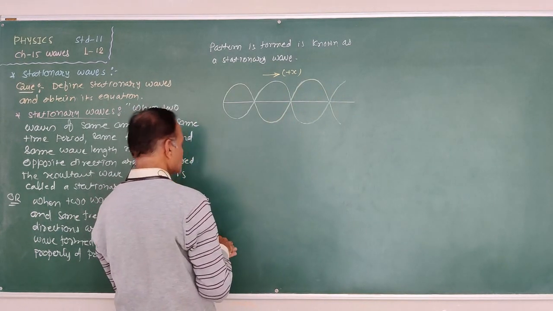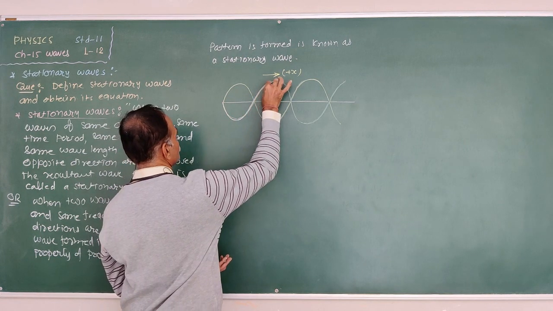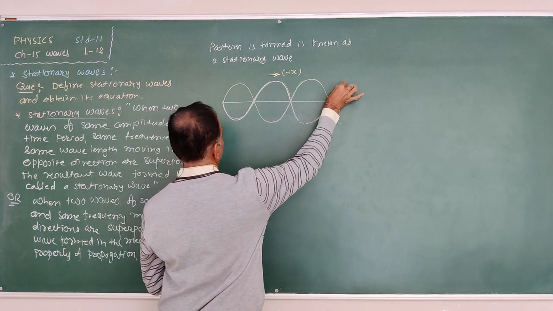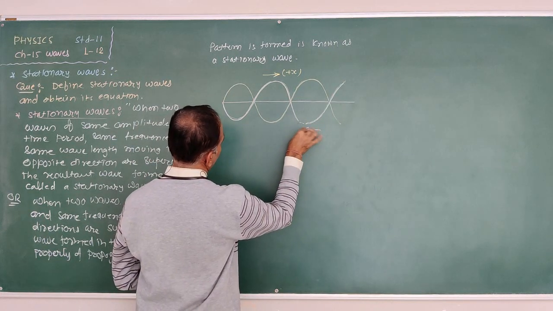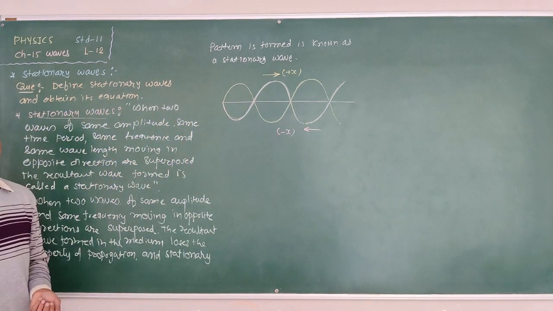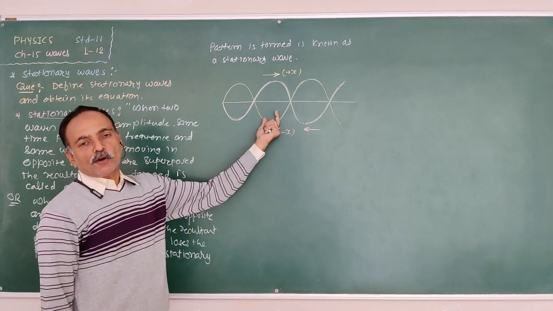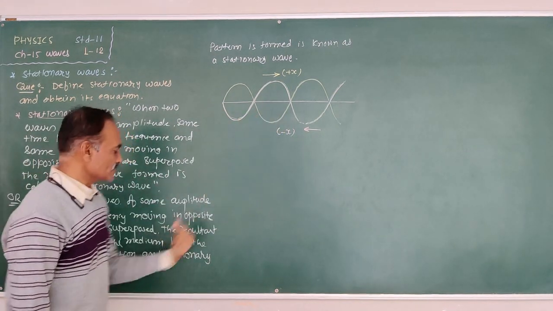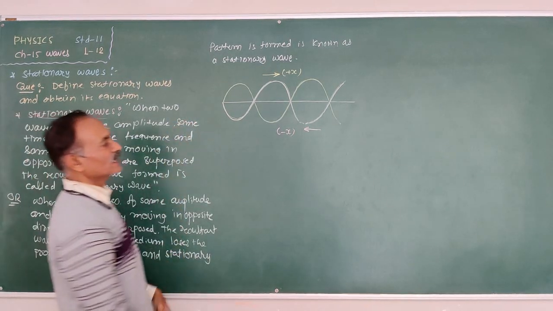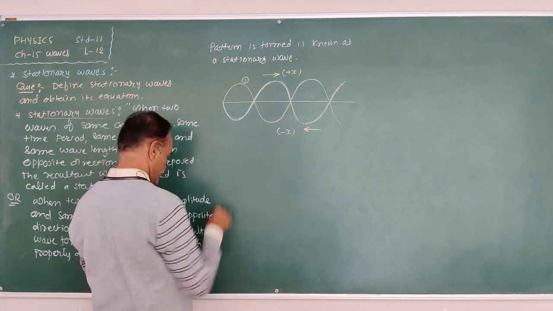So this type of stationary pattern is formed. This stationary pattern loses the property of propagation, so this wave is known as the stationary wave. That is wave 1 and that is wave 2.